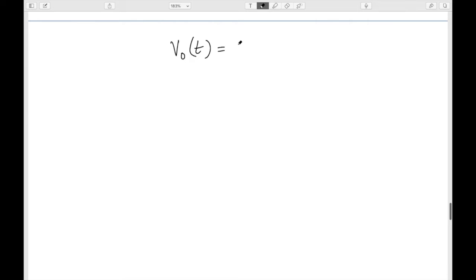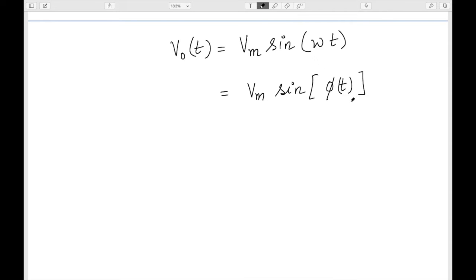Suppose I have an oscillator oscillating as sine omega t. We can represent this as Vm sine phi t, where this is the phase, and the phase is nothing but omega t.